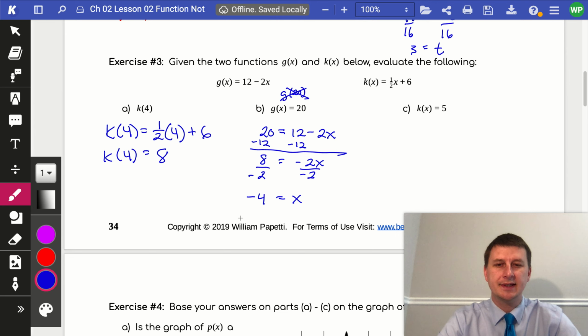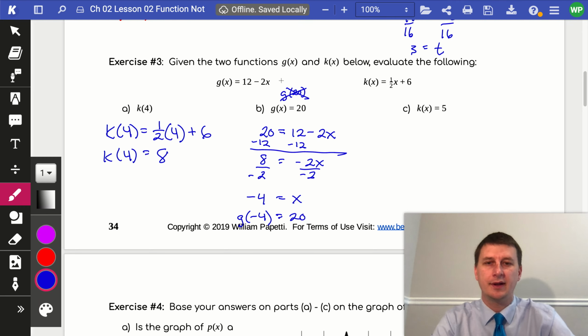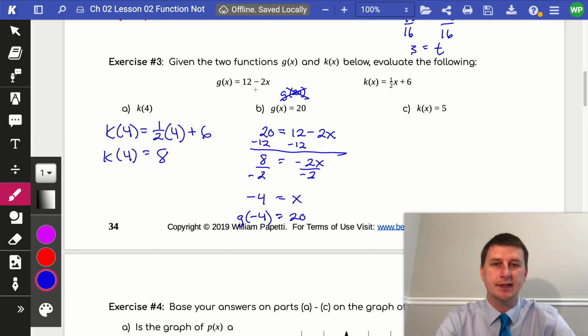So this is the same thing as saying g of negative 4 is equal to 20. And if you were to go back and substitute negative 4 in for x up here, you'd get 20 as an answer. So when you're given g of x is equal to a number, you're going to substitute in for all of that g of x right there. When you're given g of a number, you substitute in for just x.